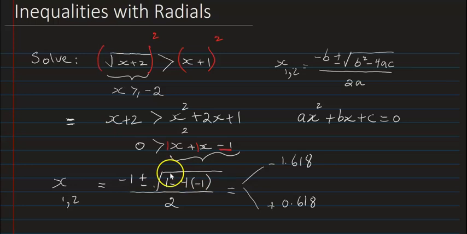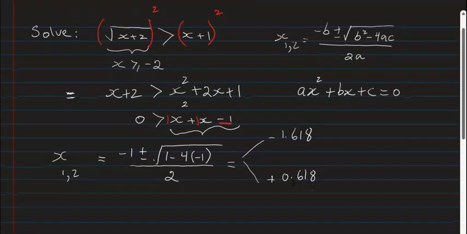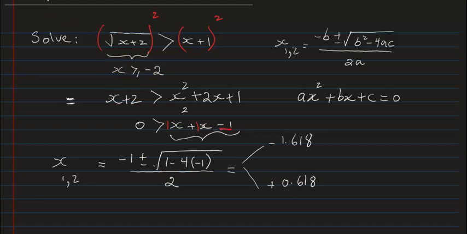I used a calculator to 3 decimal places, and these are the two possible answers. Now we're going to test each of these values to see if they work, and that will be the final answer.